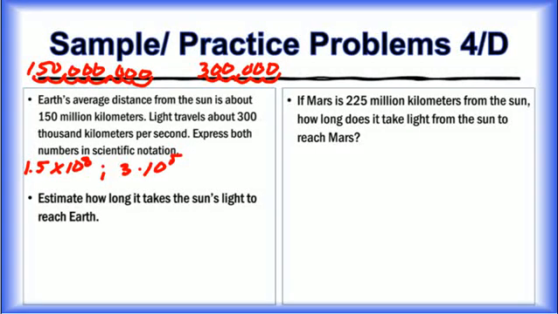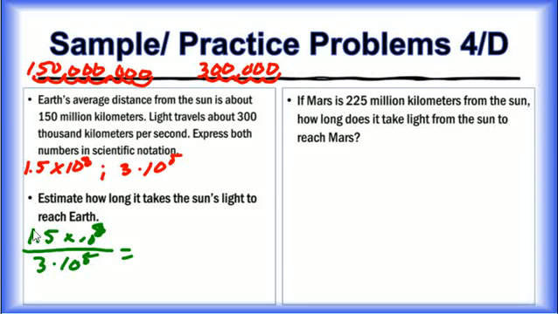Estimate how long it takes the sun's light to reach Earth. And remember, time equals distance divided by the rate. So the distance is 1.5 times 10 to the 8th, not the 3rd, divided by 3 times 10 to the 5th.